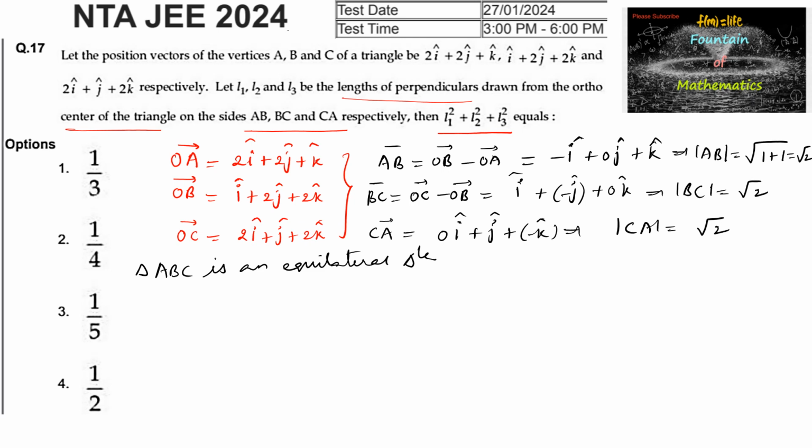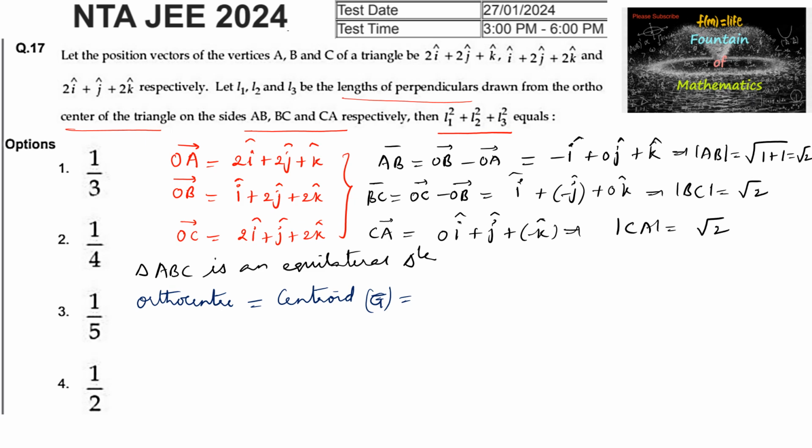If ABC is an equilateral triangle, we can conclude that orthocenter and centroid both are the same. So we can find the centroid by using the formula x1 plus x2 plus x3 by 3, y1 plus y2 plus y3 by 3.